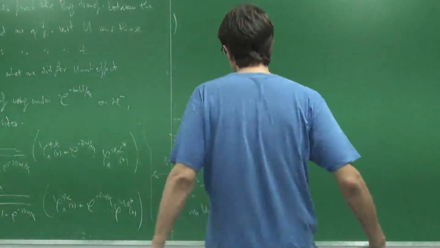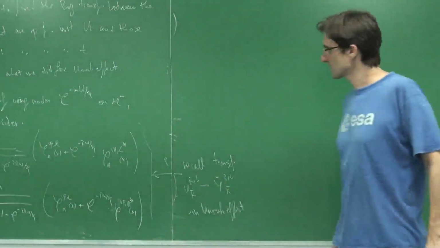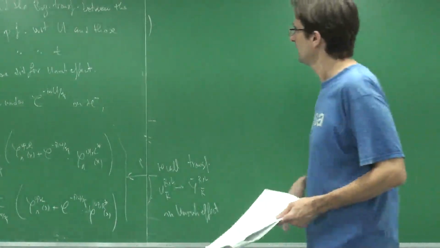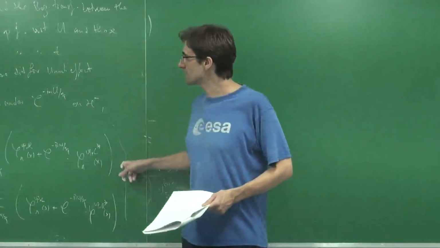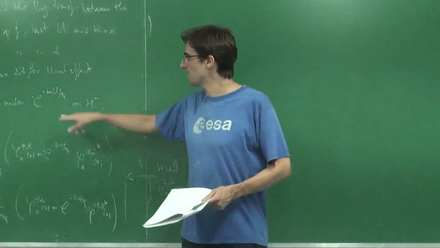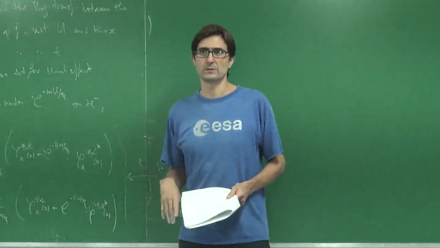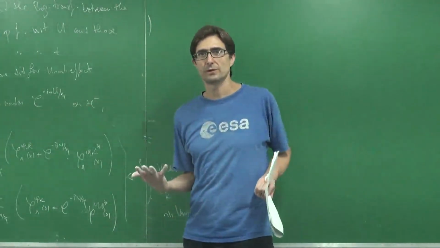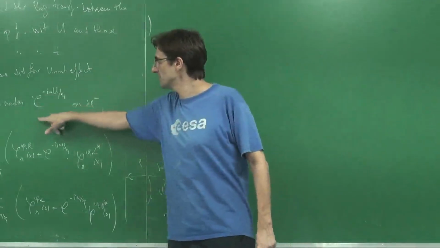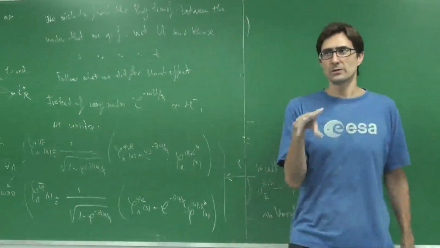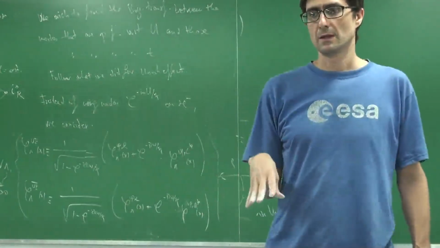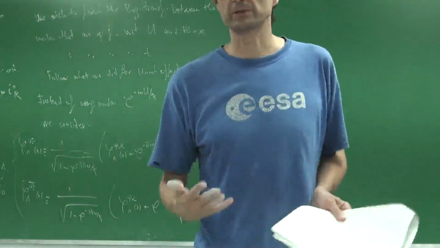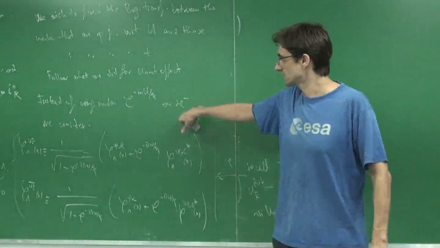Okay, so now we're going to do this in a different way. I'm going to prove that these modes are also positive frequency with respect to capital U. And so they define the same vacuum state. Okay? You can take any linear combination of these, as long as you include complex conjugates, that will give you some other modes that define the same vacuum state as these modes.